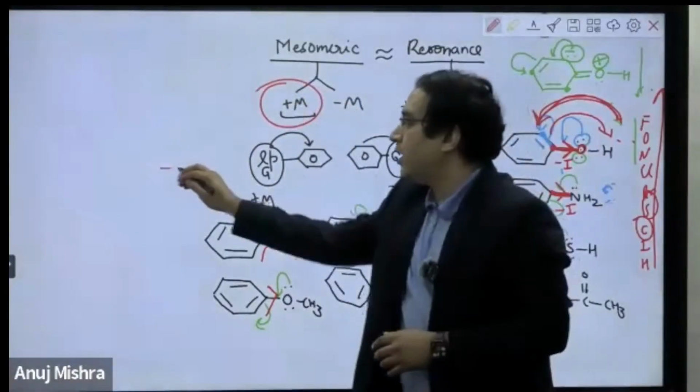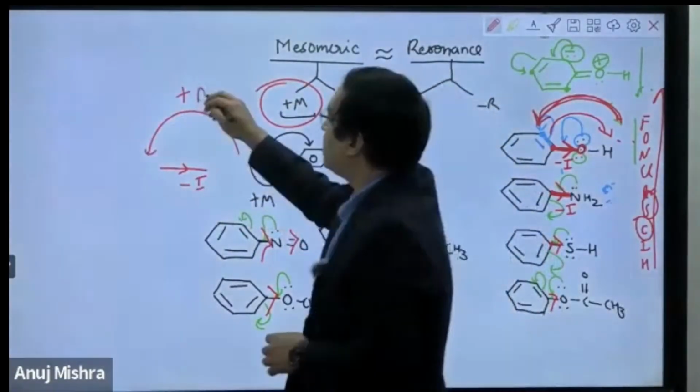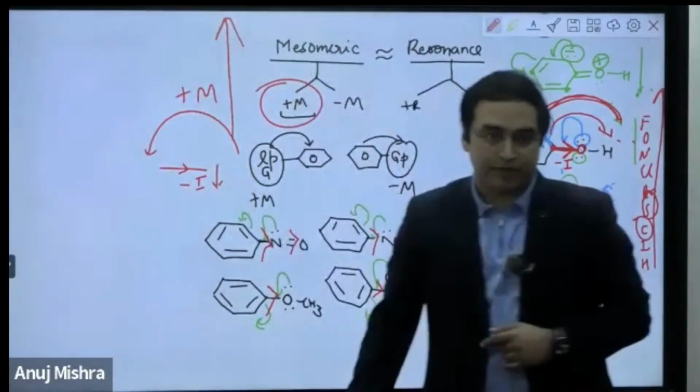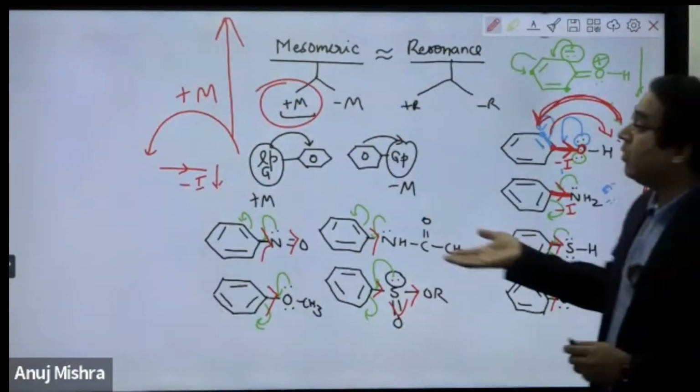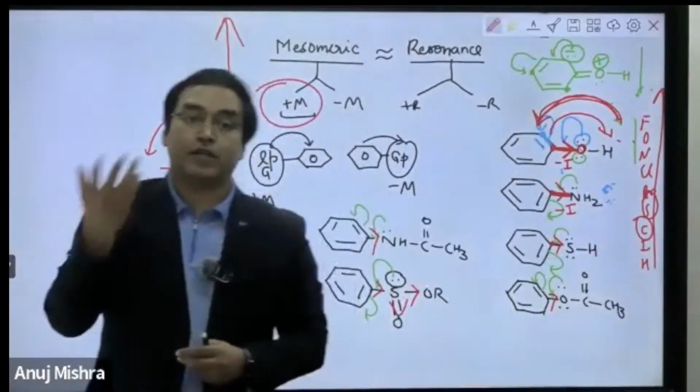And the one with which you are taking back is just minus I. Now, plus M is much bigger as compared to the small minus I. So eventually they end up giving. You give someone 10 pencils, take 1 pencil back, eventually give 9 pencils. Simple. So plus M is a huge thing. Plus M is much more important because it's coming out of resonance.